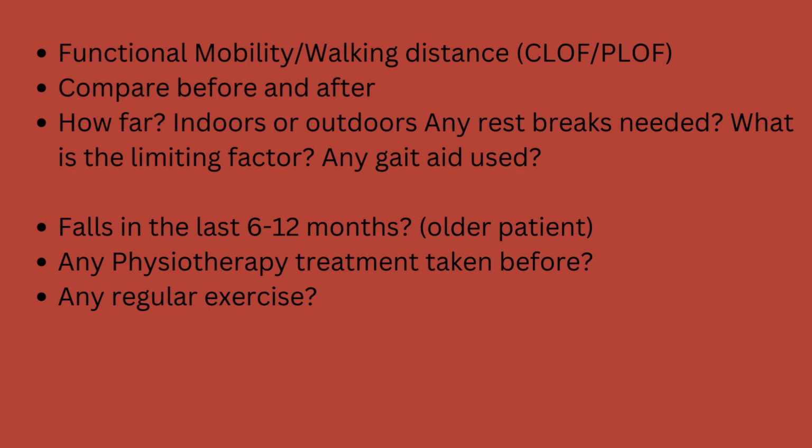It gives you an understanding of what has worked for the patient and what has not worked, and then you can modify your treatment accordingly. Also important to understand whether the patient is doing any regular exercises, or has any regular exercise program from their previous physio, let's say.